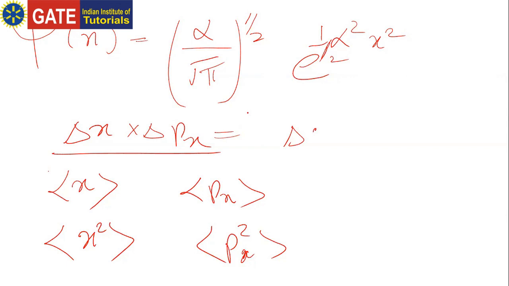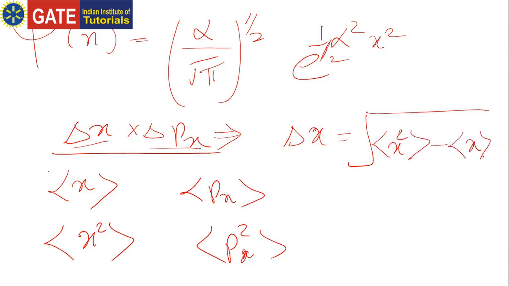Don't worry. Why should we find the expectation of x square, px and px square? We are going to find delta x and delta px, right? Delta x equals the square root of expectation x square minus expectation x the whole square. What is delta px?